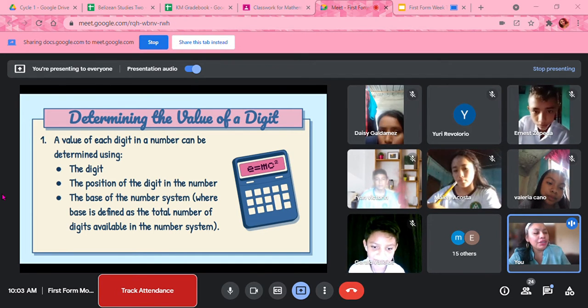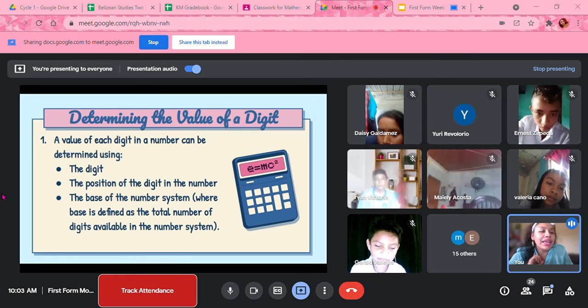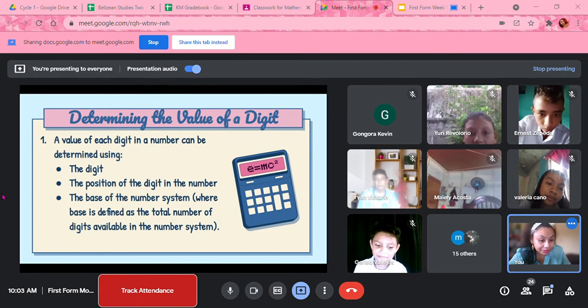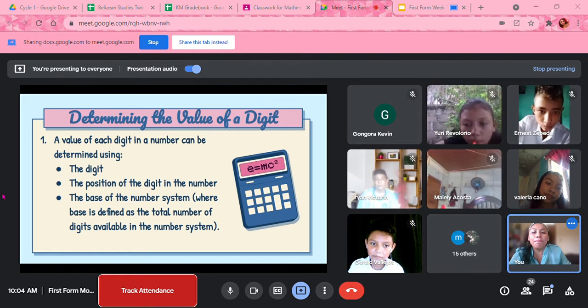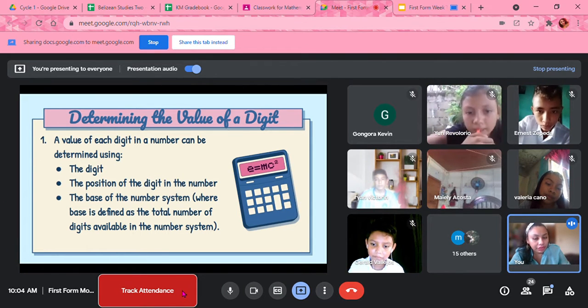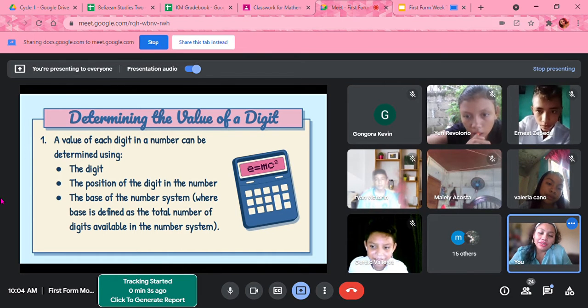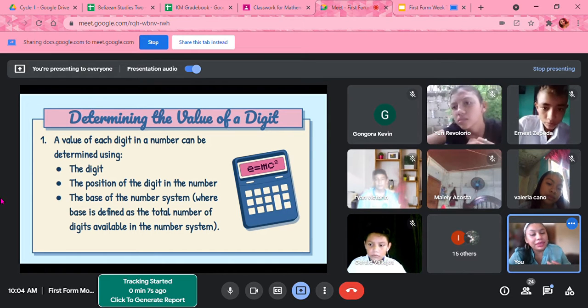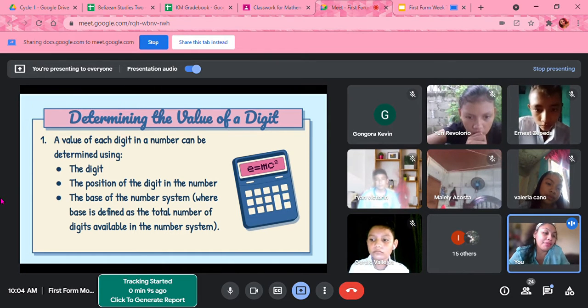So you can tell me, okay, the 2 is in the tens place value. And you can tell me one more thing, and that's what we're going to be concentrating on this week. You can tell me the base of the number. And the base of the number, of any number that we talk about, is base 10. And we're going to talk about why. Alright?